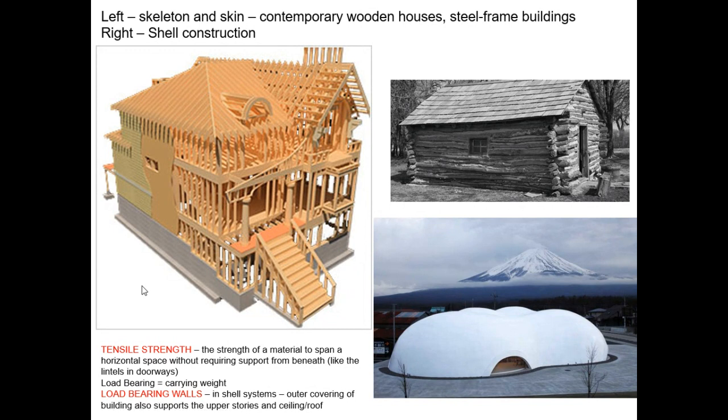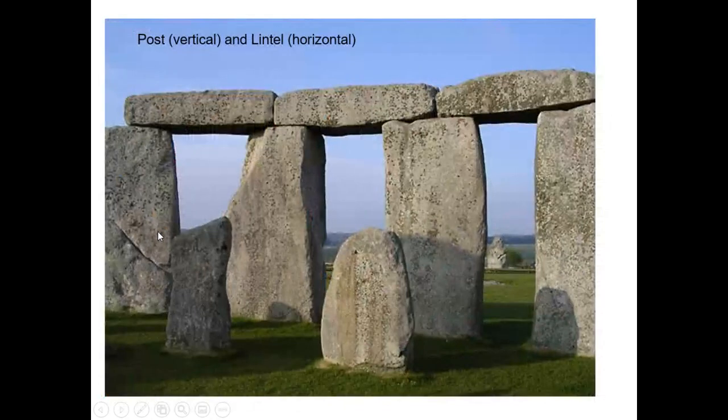We also want to know the term tensile strength when we're talking about architecture. Tensile strength is the ability of a material to span a horizontal space without any support from below. So the space of an opening, like a doorway or a window, the upper level, the lintel in a doorway, has to have tensile strength to be sufficient to span that much space without needing a support in the middle.